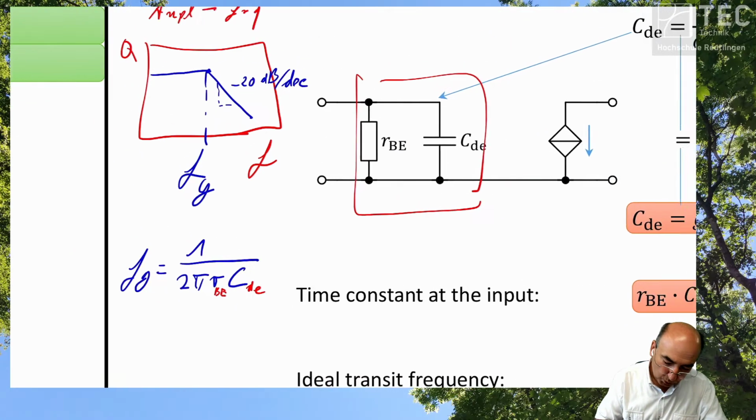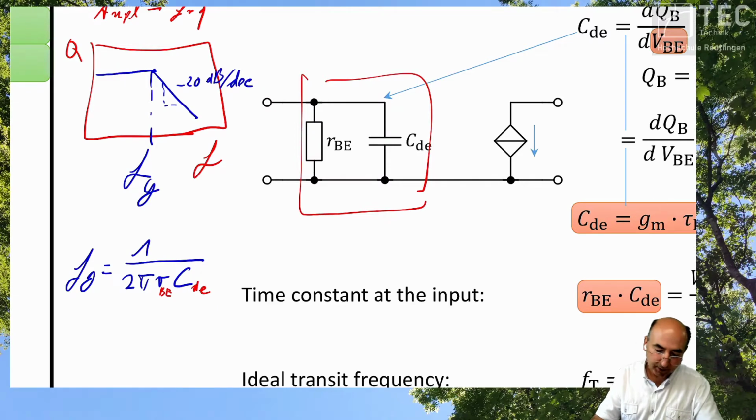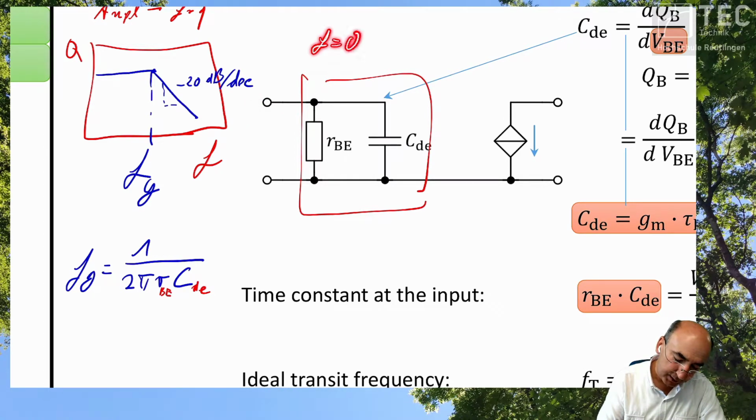So, what happens? You inject a current. Let's say you inject a current. Where does this current flow? It flows here and there. If your frequency is 0, the full current flows here.